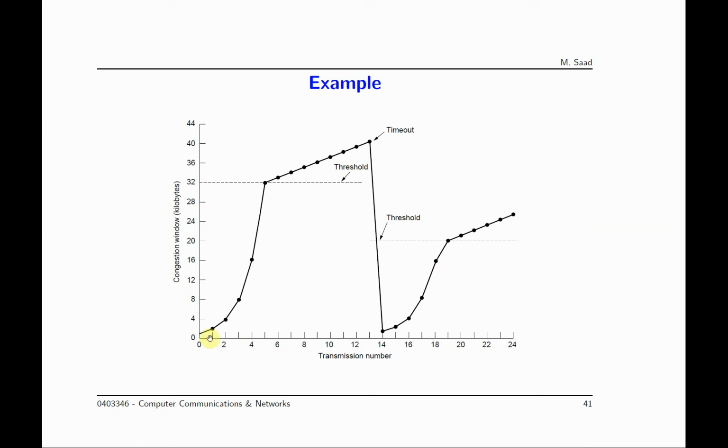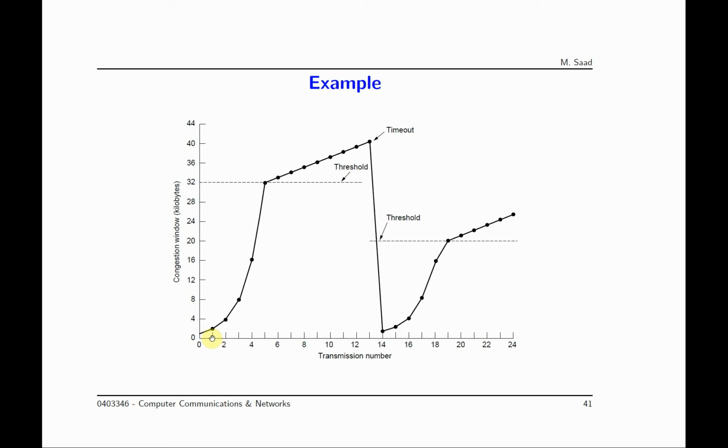By the way, if this is the first transmission and this is the second, so transmission 0 and transmission 1, what is the time between them? So if this axis is time in seconds, what is the time between the first transmission and the second transmission? In TCP, if I'm sending you a segment and then I finish all what I'm allowed to send as in the window size, I have to stop and wait for the acknowledgement.